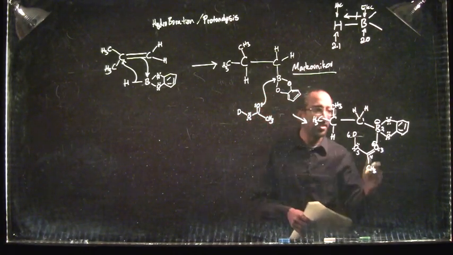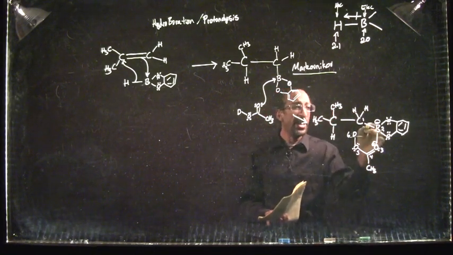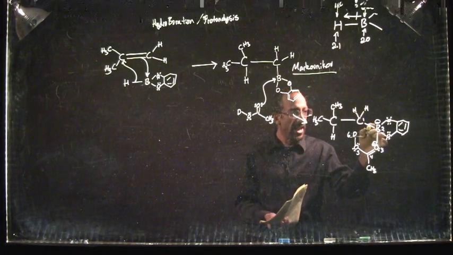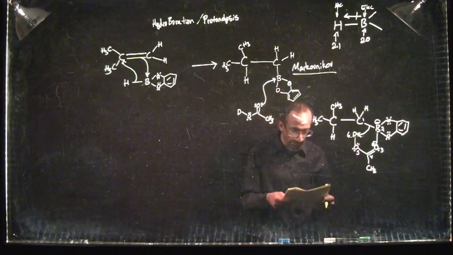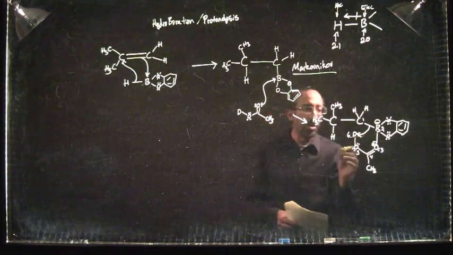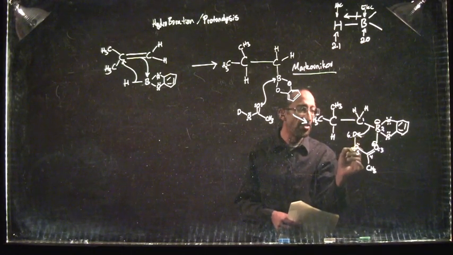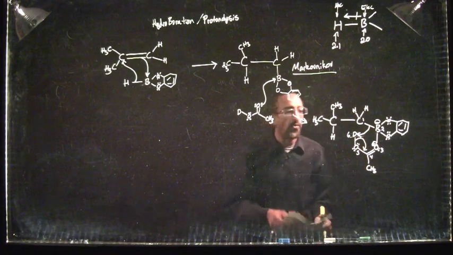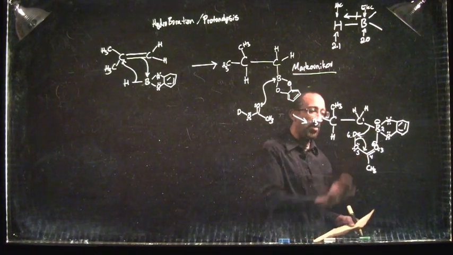And so what happens, carbon, being more electronegative than boron, is going to take the electrons in this carbon-boron bond, and it's going to use them to form a bond to that deuterium atom. Oxygen, being more electronegative than deuterium, is going to take the electrons in this oxygen-deuterium bond, and it's going to come around to form a new carbon-oxygen double bond.